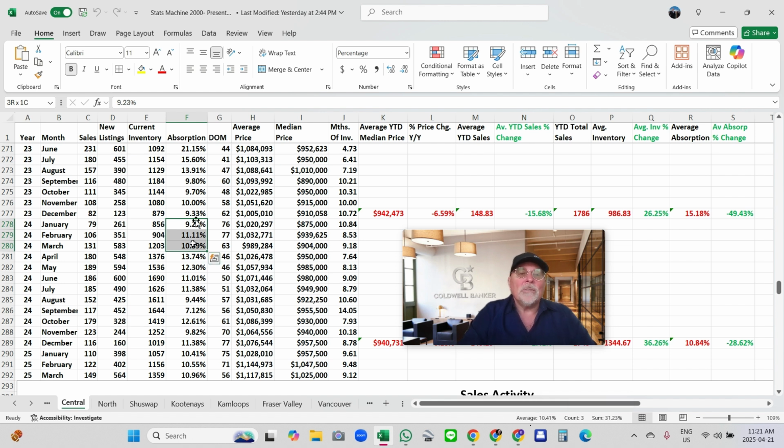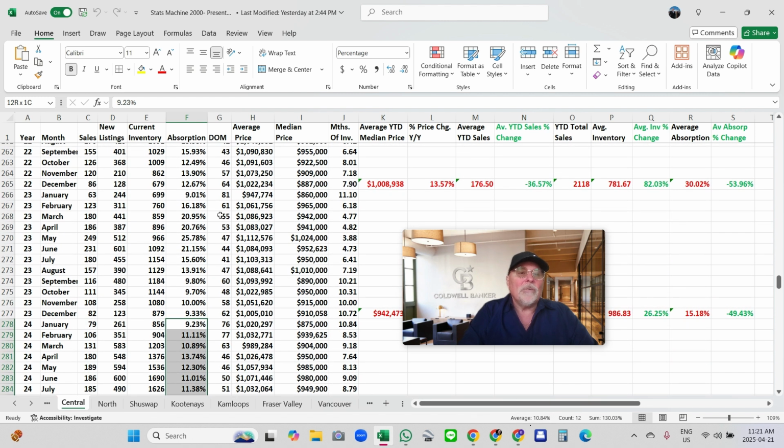Sometimes you can take a whole year. Say we want to compare 2024. So I'm going to click on January and then go down to December and then shift click, highlight the whole year. The average absorption for 2024 was 10.84%.